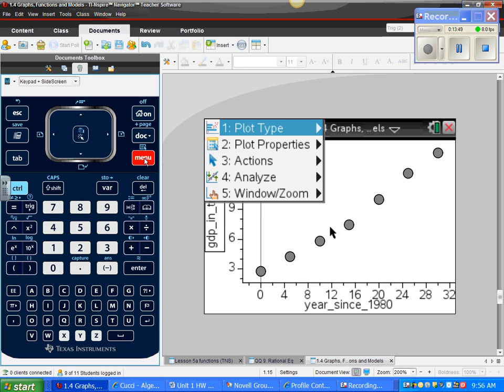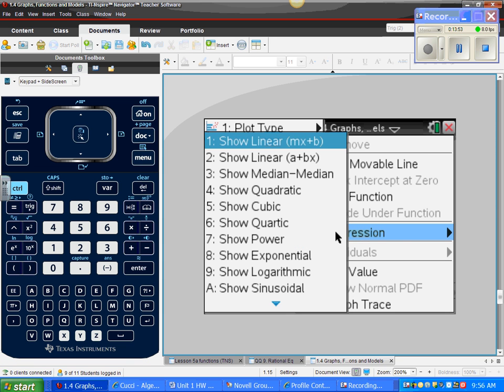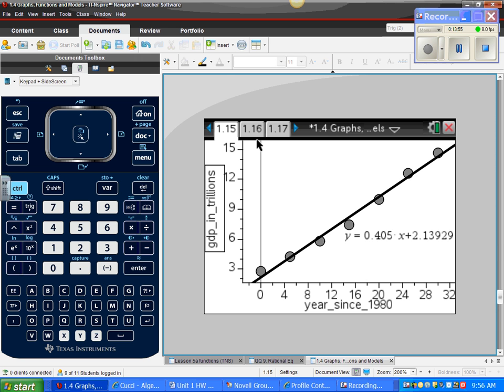Menu, Analyze, Regression, and then we show the linear. So we have y equals 0.405x plus 2.13929. There are quite a few decimals, but if we're talking about real-life applications, that makes sense. We don't get pretty whole integers all of the time, so you have to get used to dealing with messy numbers.